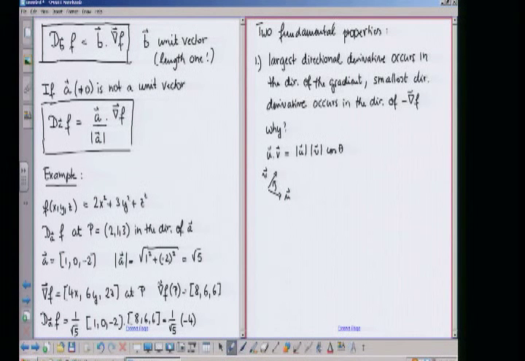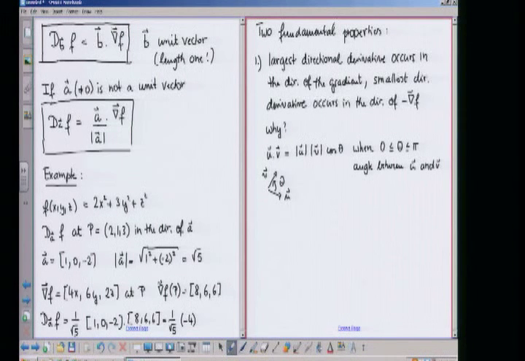You have an angle between them, theta. You can write the dot product in this way also, okay? Where theta is between 0 and pi, okay, is the angle between u and v, these two vectors, okay?